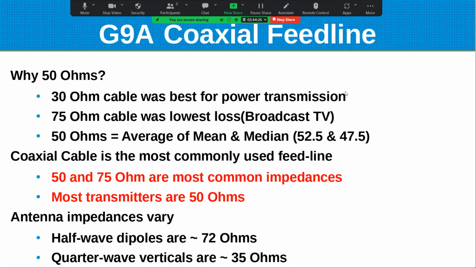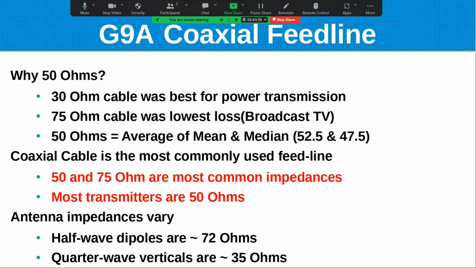Okay. Did you ask why it's usually 50 ohms? If you did, the answer is it's a compromise. They determined, and this was basically AT&T back in the early days, that 30 ohms was the best for power transmission. The broadcast industry went with 75 ohms because it was lower loss.